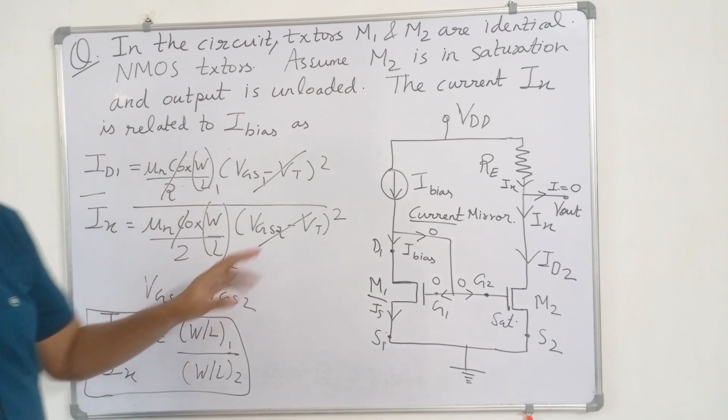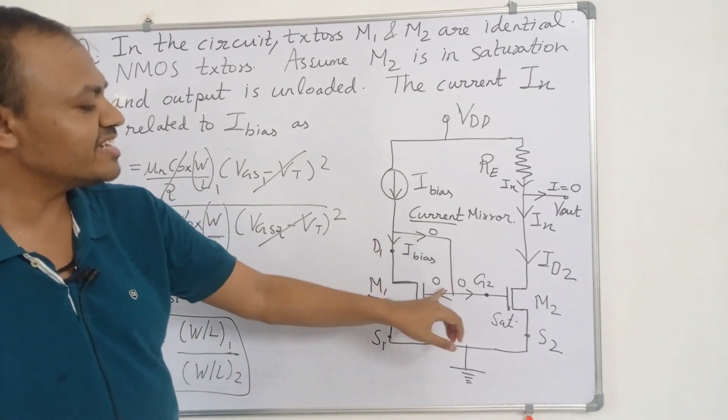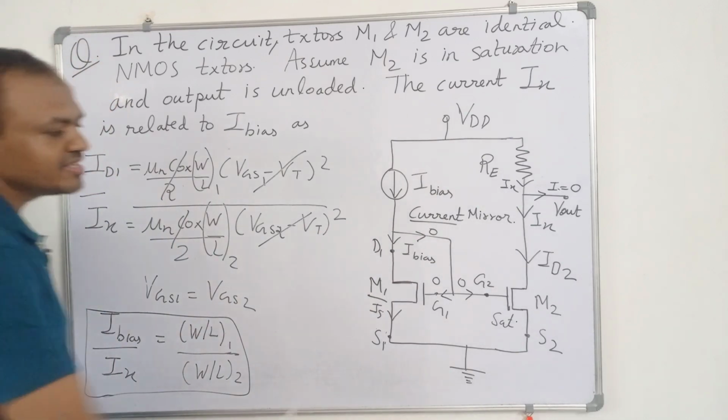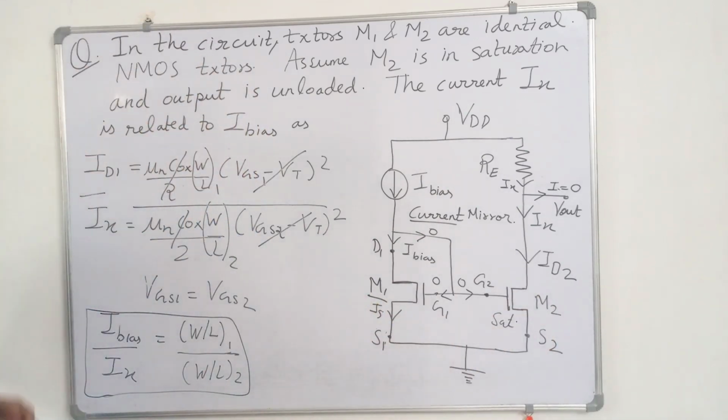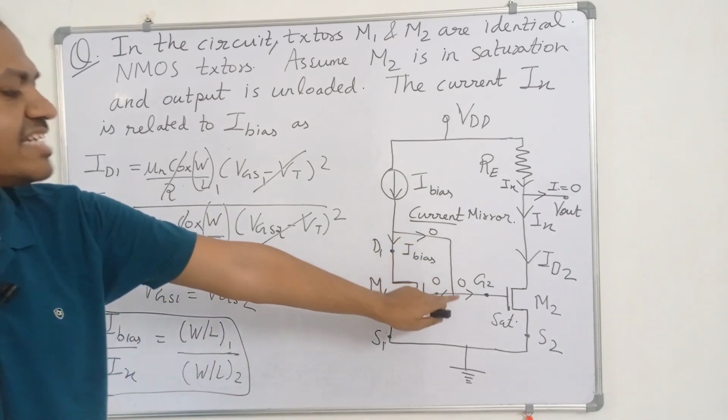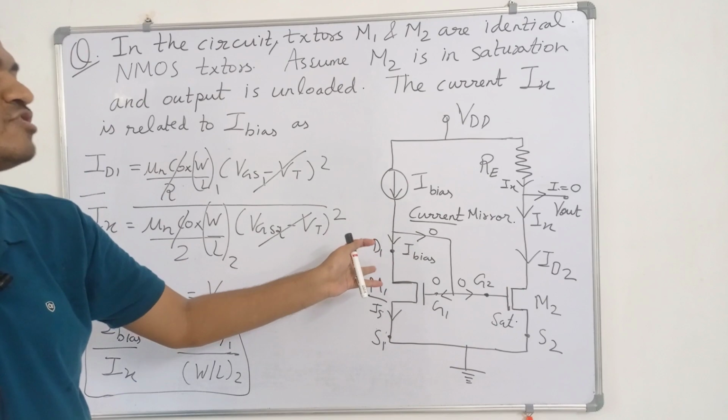For a current mirror circuit, one transistor must have drain and gate connected together. Also the second transistor must be in saturation, because since the drain and gate of the first transistor are connected, it is already in saturation.